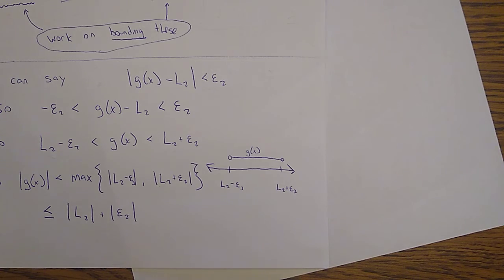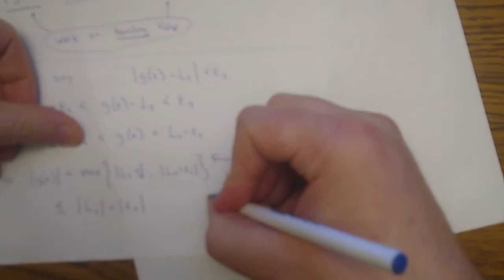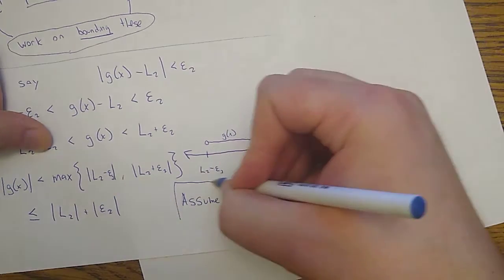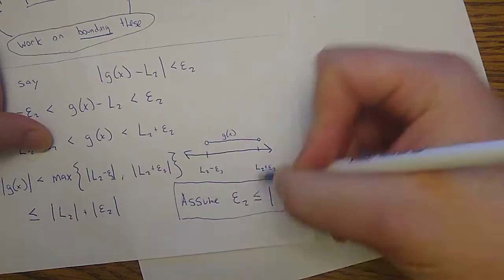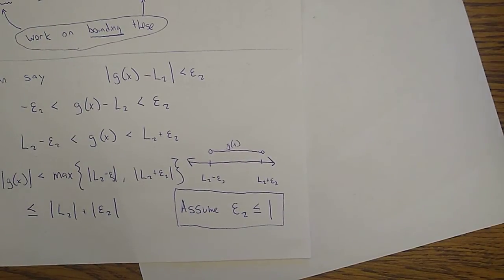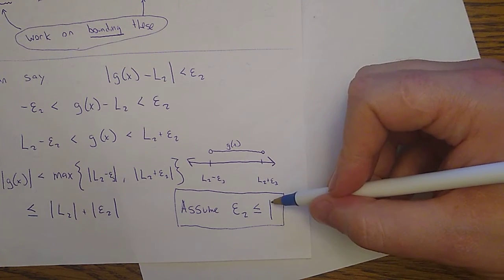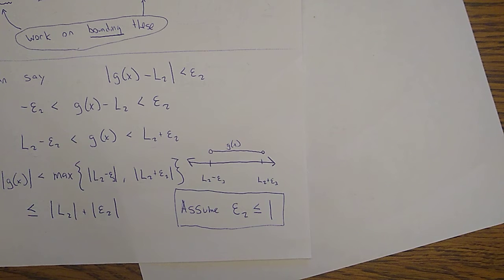So what I'm going to do, and this is something that makes sense to do just about any time, is go ahead and assume that epsilon 2 is less than or equal to 1. I could really put any positive number that I wanted here. For these epsilons and deltas, you're allowed to choose them as small as you want. They just have to be positive.